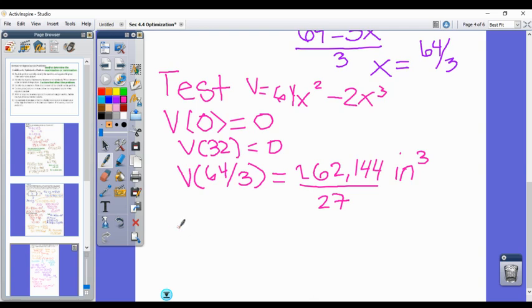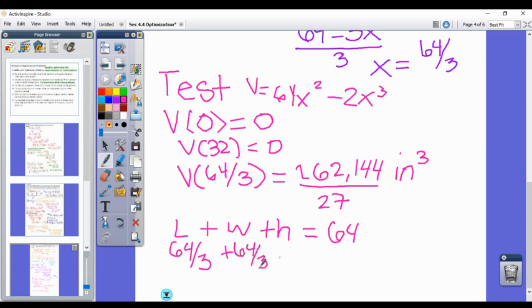Since we know that length plus width plus height was 64, and we know that both length and width are 64 over 3, we can add that together and then subtract that from 64 to get my height.